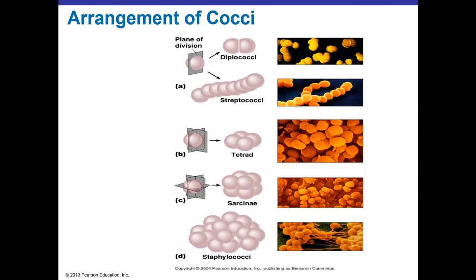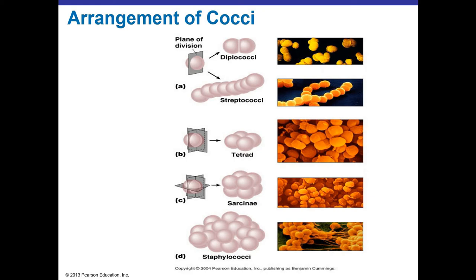Besides the basic shape, they can also have various arrangements. For cocci, they can divide along multiple planes. So if they divide along a single plane, you see things like diplococci, just 2 cocci together. Others may end up causing a chain. We refer to those as streptococci, strepto meaning chain.